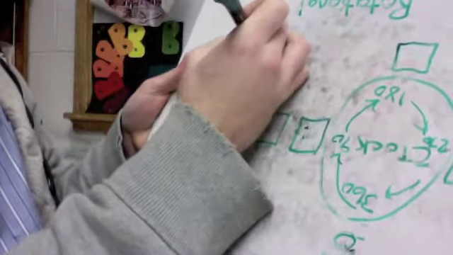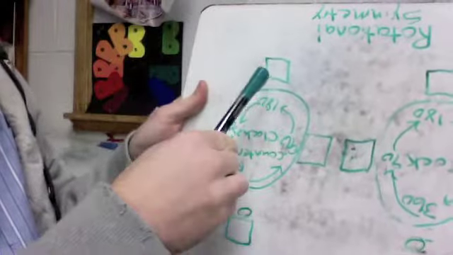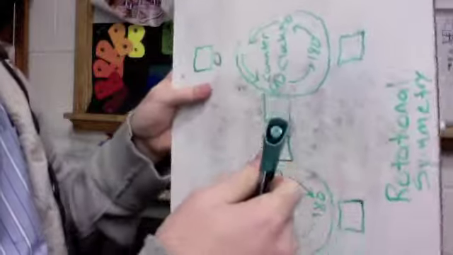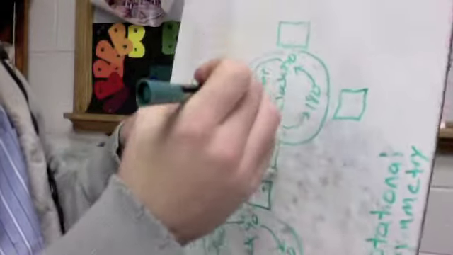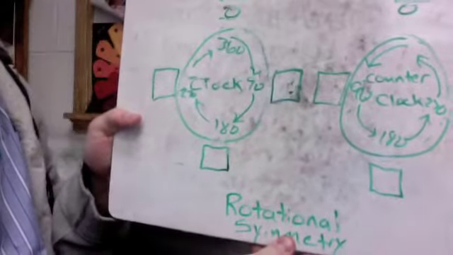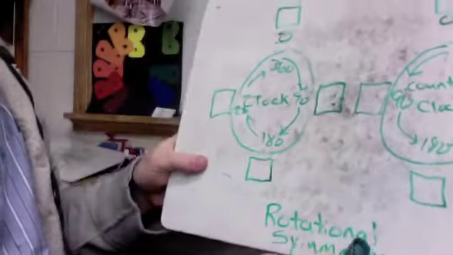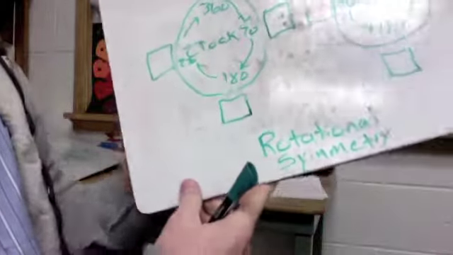Counterclockwise 180, still have our square. Counterclockwise 270, still have our square. And now we're just back to the beginning. Okay? A square has rotational symmetry.